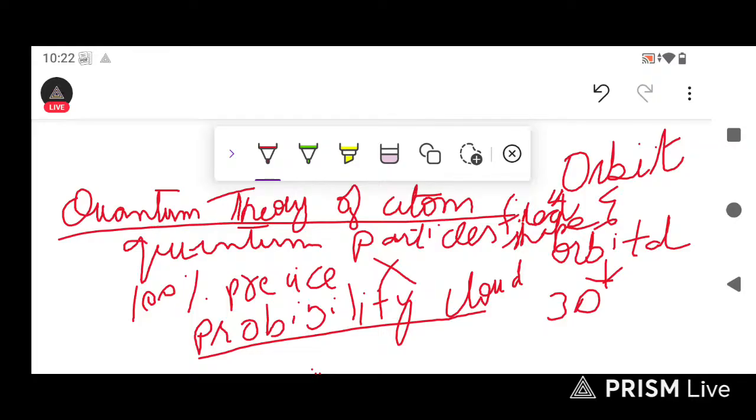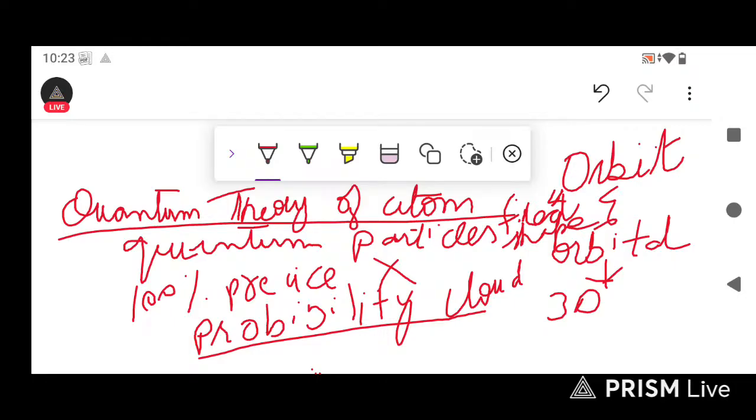But modern chemistry relies on orbitals because Bohr's atomic model only talks about orbits. He did not talk about where an electron resides or how we can find the electrons. So modern chemistry relies on orbitals, that is, probability paths.